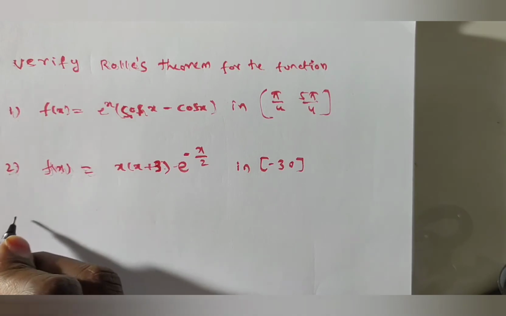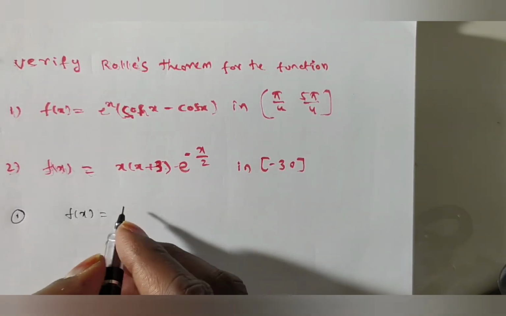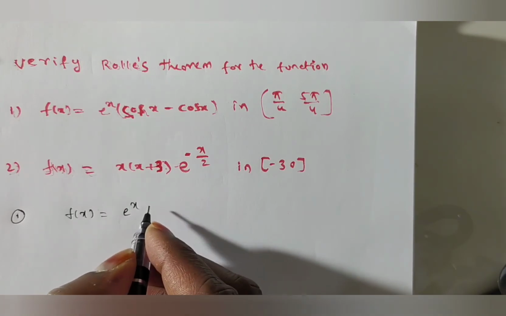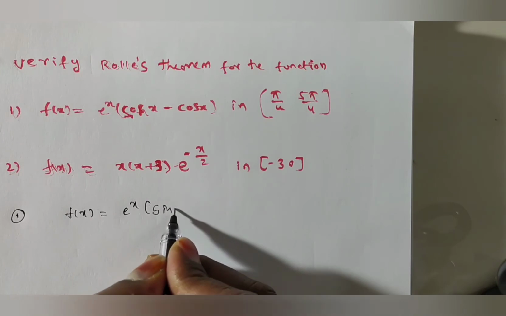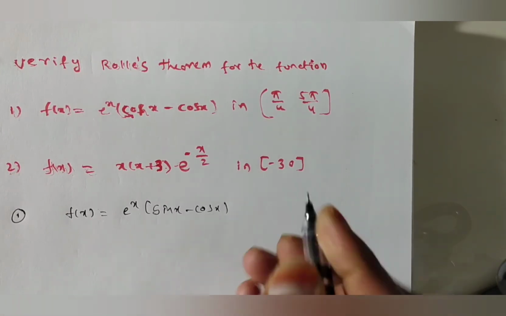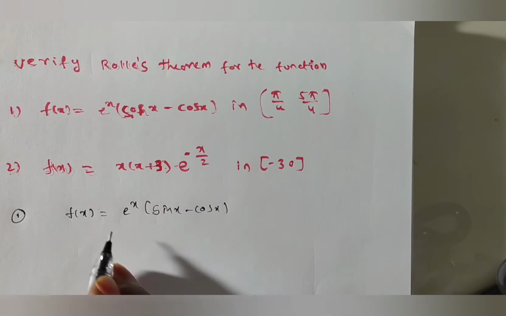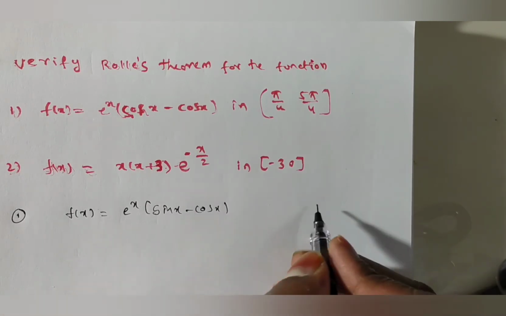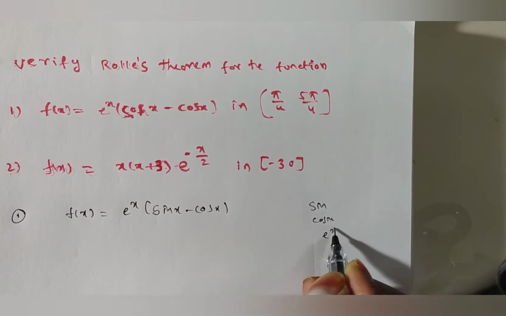Now coming to the first problem, you observe the given problem f of x is equal to e power x into sin x minus cos x. Okay, now you observe the given function contains sine function, cosine function and exponential function.